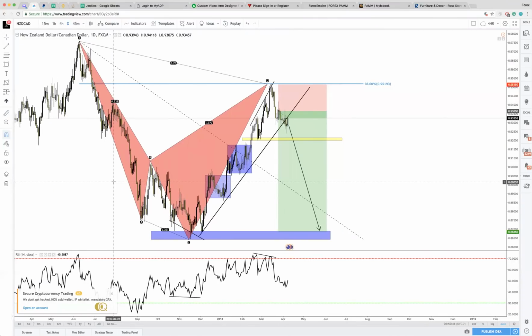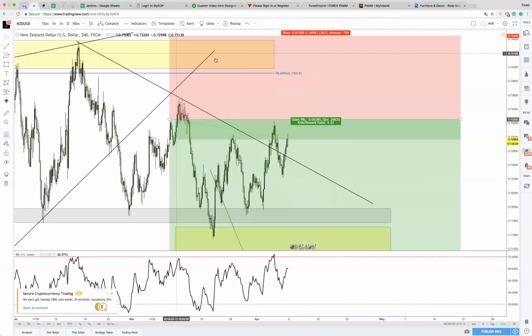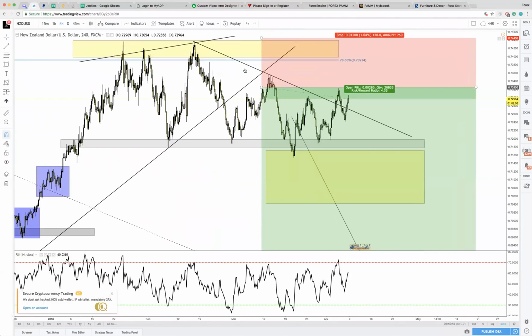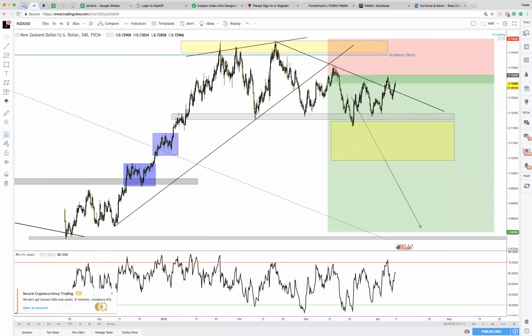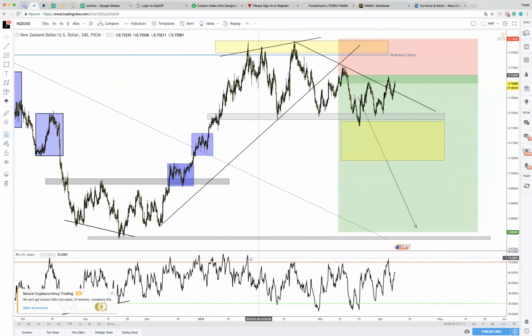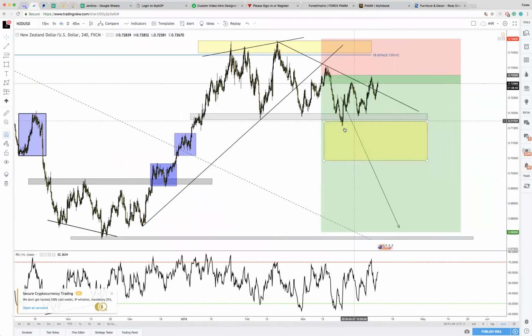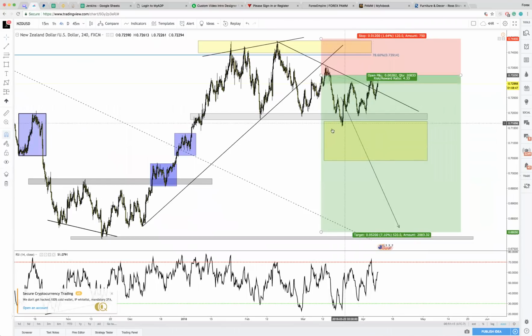All right. Now, NZD USD is right about here. And as you can see, there is a W, level 1, level 2, nice M formation with a nice divergence on the bigger time frame. And we can see that the price is going down, but now we have to wait for the breakout. Once the breakout happens, then we can count the levels.